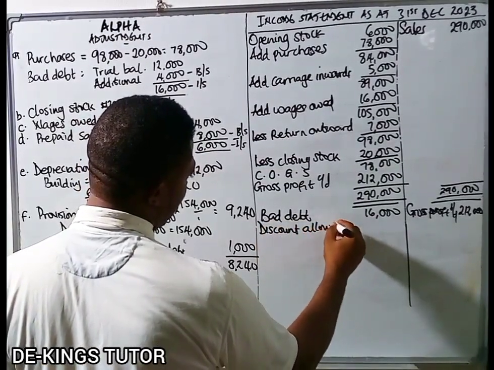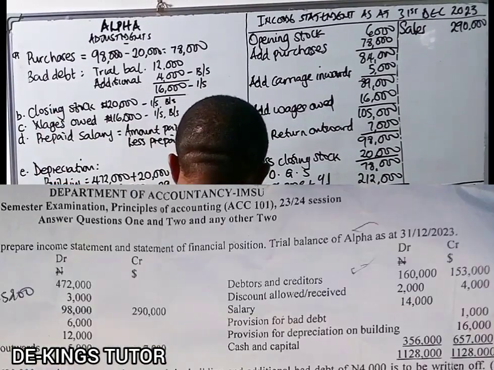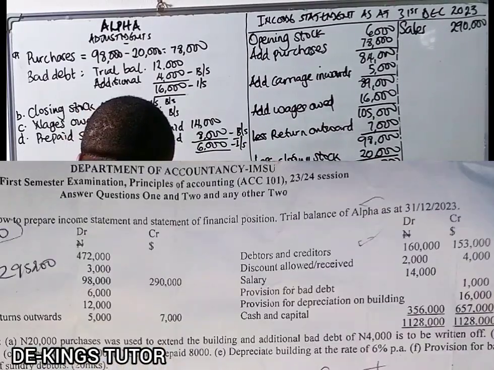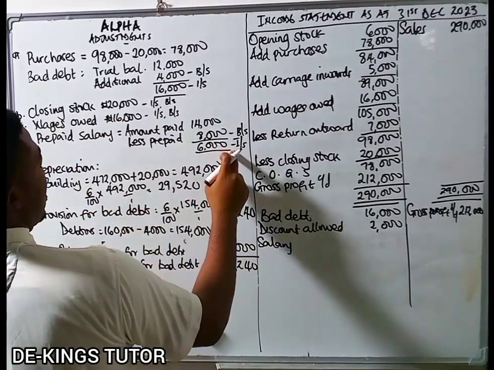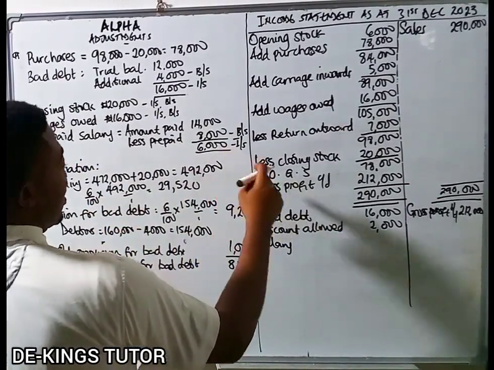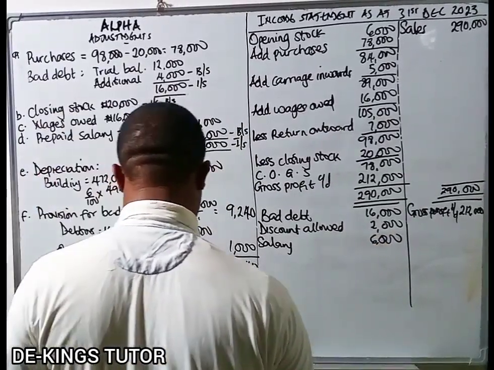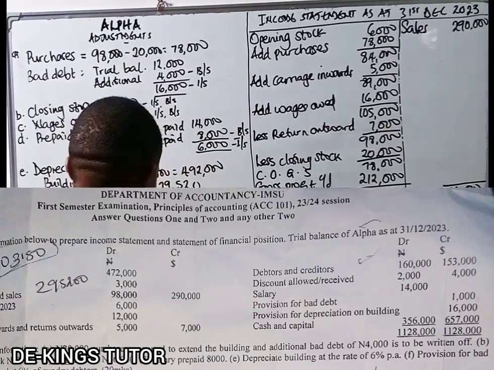No adjustment was done as regards discount. The amount there is 2,000. Another one is the salary. We did an adjustment. This is the money that comes to the income statement as 6,000.